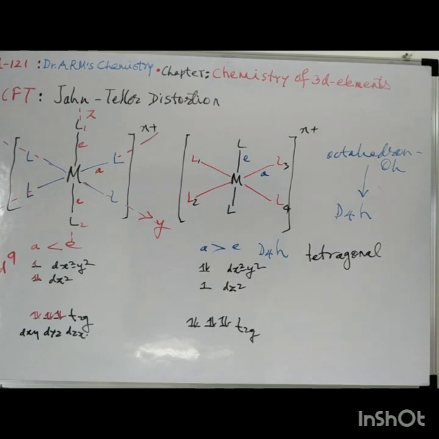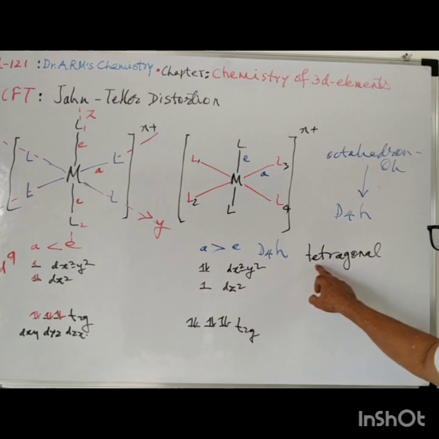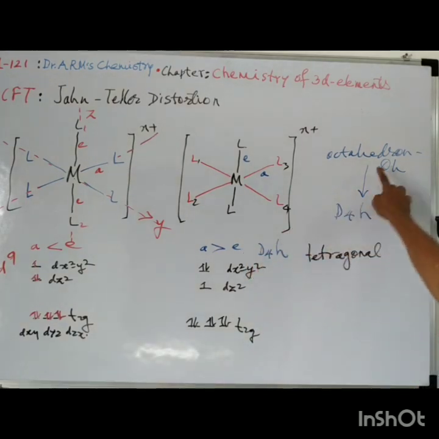So we find that the splitting of orbitals results in the change of symmetry. The symmetry changes from octahedral to D4h.